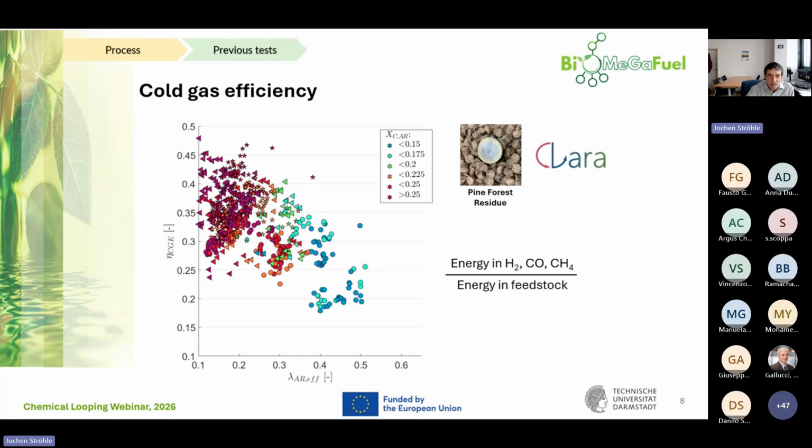Here are some results from the Clara project related to the cold gas efficiency. The cold gas efficiency is more or less the energy contained in the syngas in terms of hydrogen, carbon monoxide, and also methane, divided by the energy contained in the feedstock.